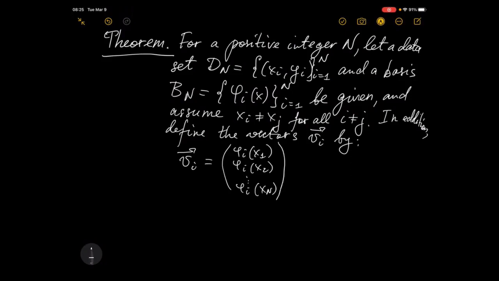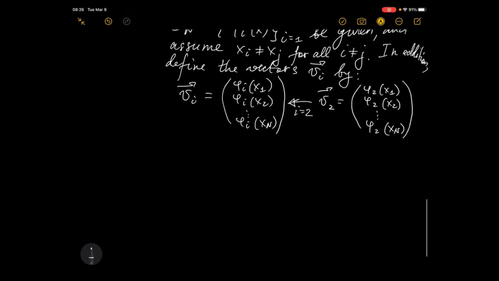So in other words, we have chosen one of the functions, right? So for example, for phi_2, the v2 vector will be nothing else but phi_2 at the point x1, phi_2 at the point x2, and so on till phi_2 at the point xn. This is just an example for i equal to 2.